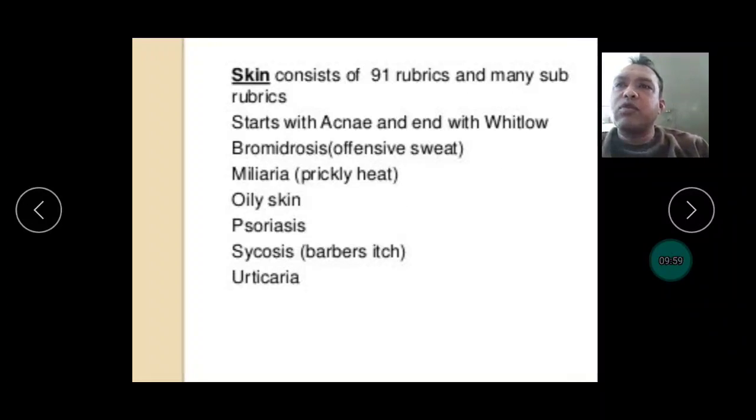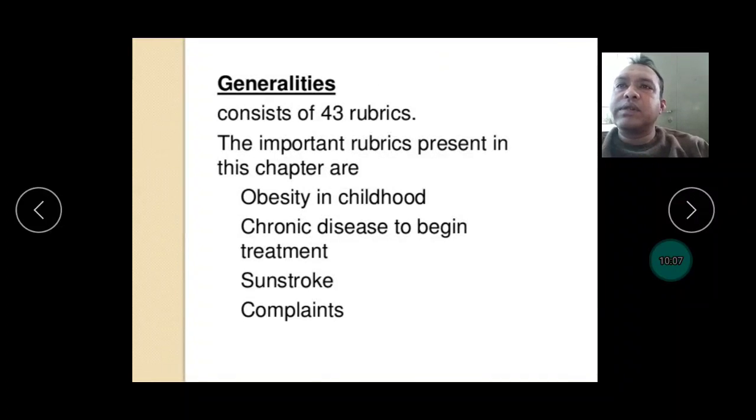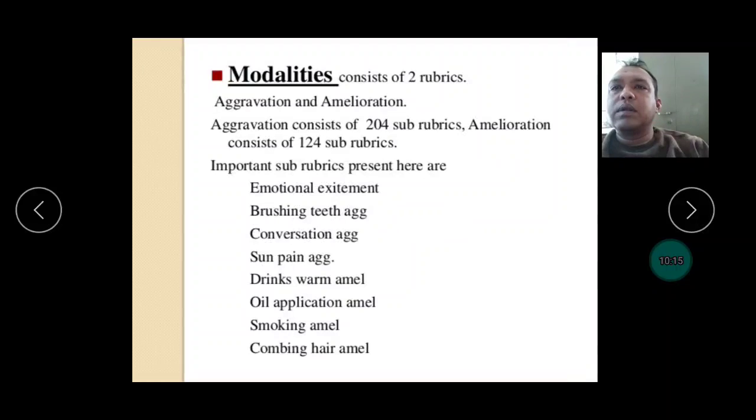Skin consists of 91 rubrics, starts with acne, ends with pityriasis, bromidrosis, malaria, oily skin, psoriasis, psychosis, etc. Generalities has 43 rubrics. The important rubrics in this chapter are obesity in childhood, chronic disease to begin treatment, sunstroke and compliance. Now modalities. What are the modalities? Aggravation and amelioration.